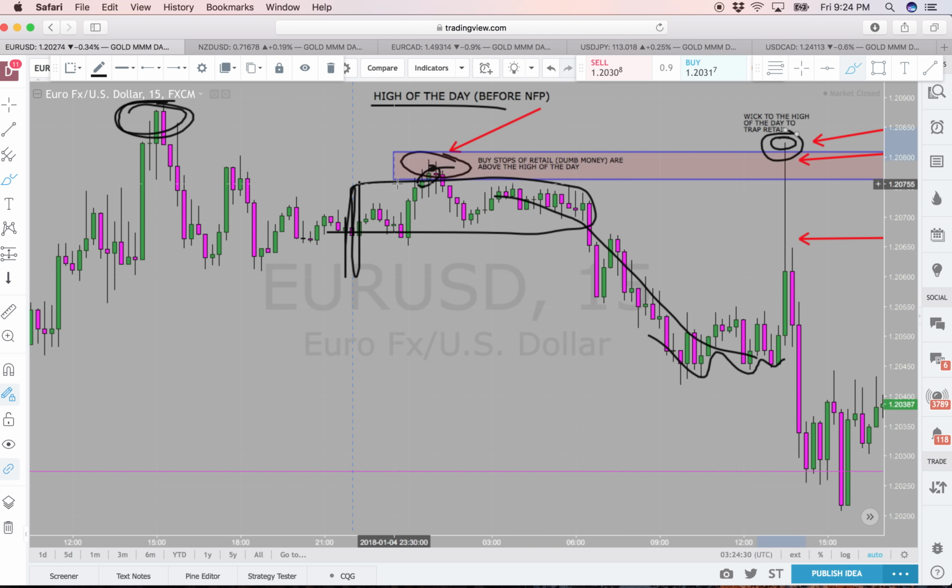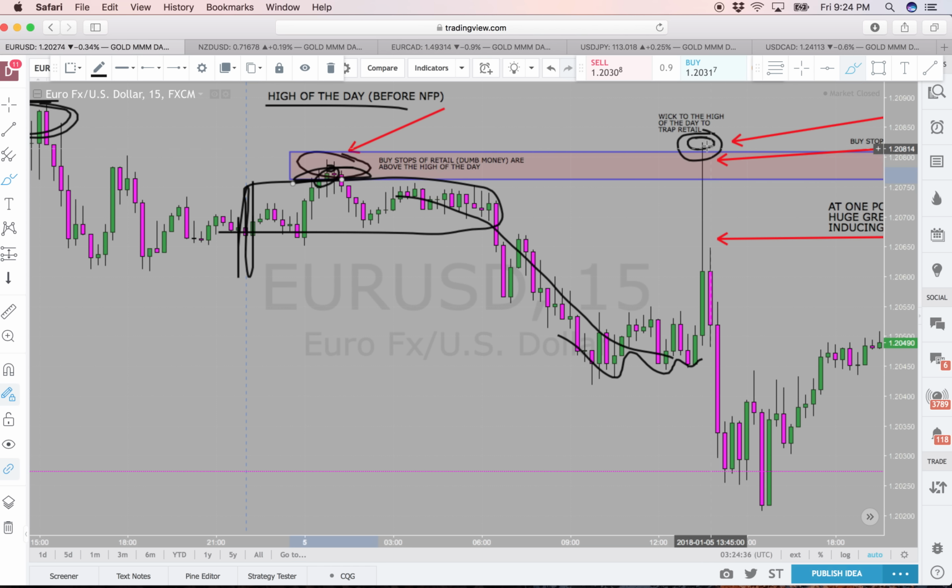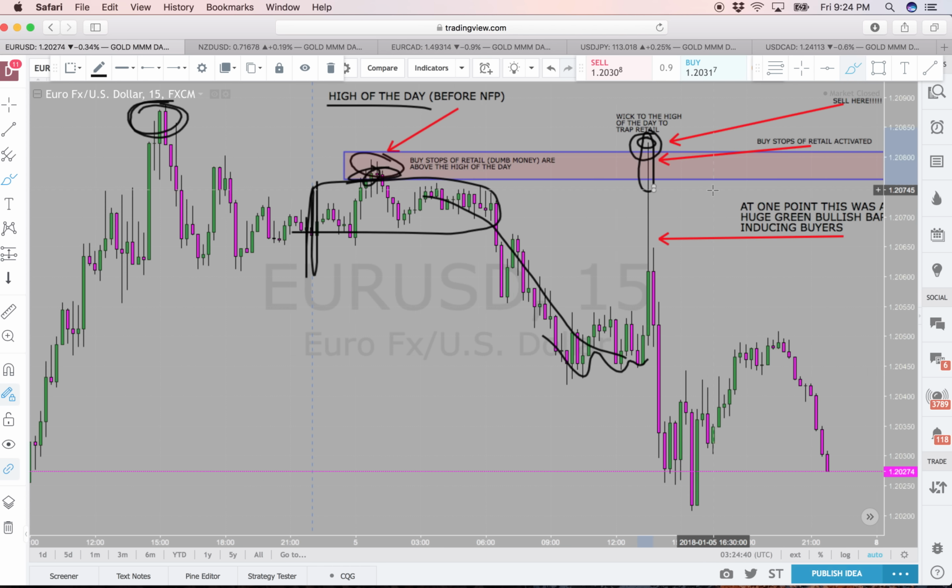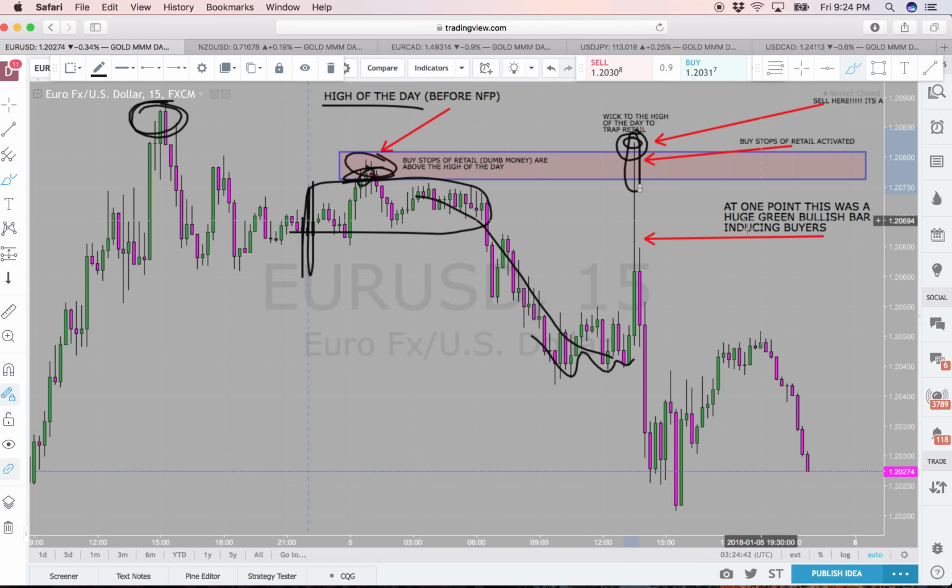So, the wick to the high of the day. The high of the day was made here in this consolidation Asian range. We know there are orders at this high. That green bullish bar induced all these retail traders into that buy. And then we can see the sell-off happen.